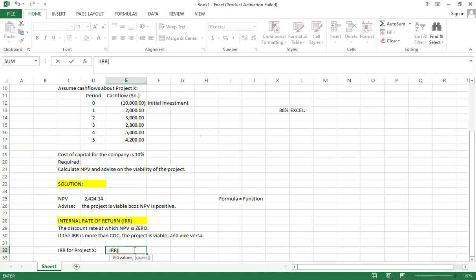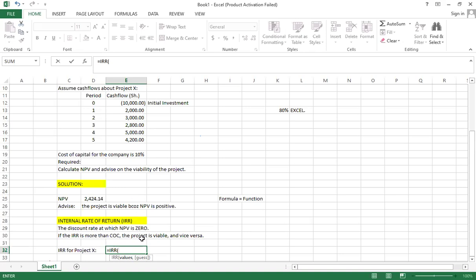Once again, Excel is very powerful and beautiful. As soon as you have that open bracket, you are told what the formula should be down there. The formula says to begin with the values, and the values are the cash flows. We have not been told to pick value 1, value 2, value 3.